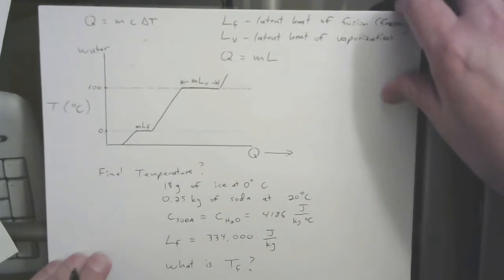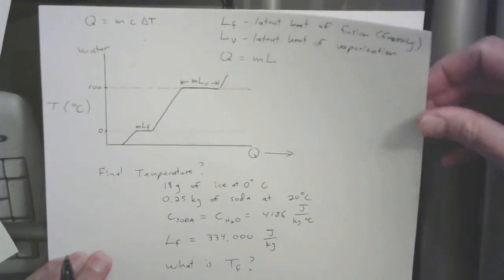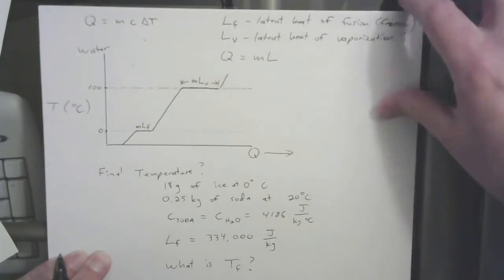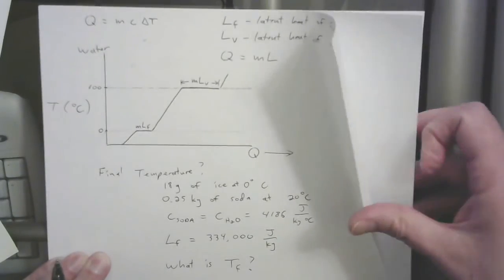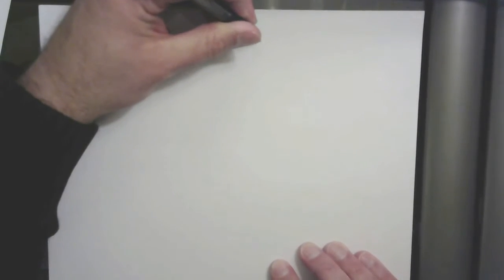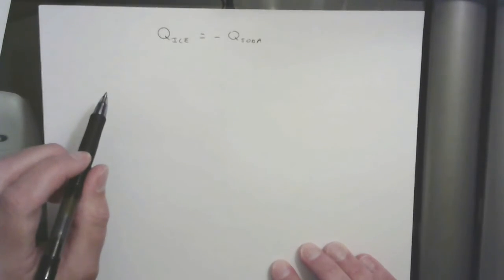I'm going to have to switch sheets now. So we start with the same equation we had before. We're just doing a count of the amount of heat that is lost by the ice and then gained by the soda, or vice versa.